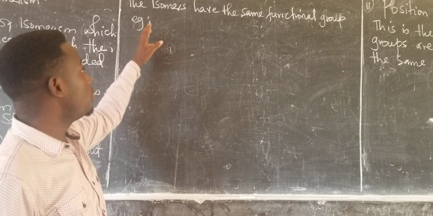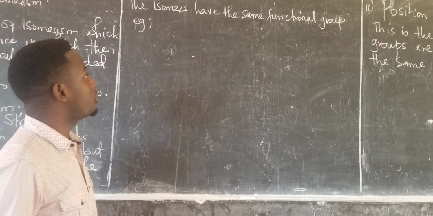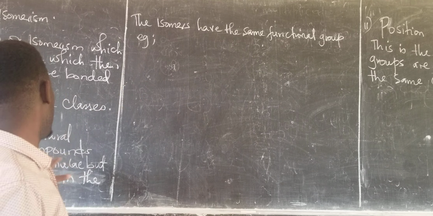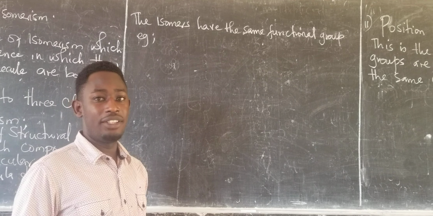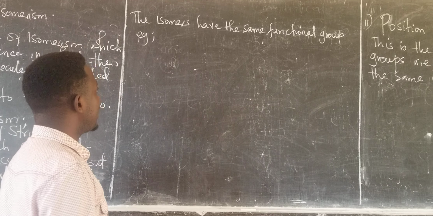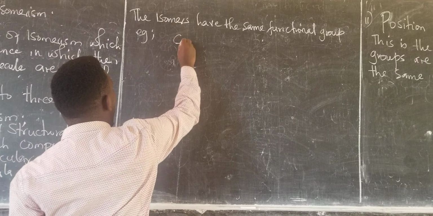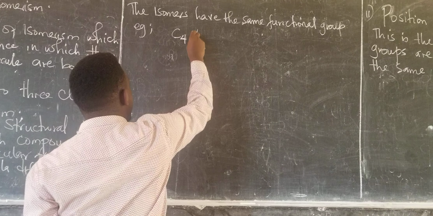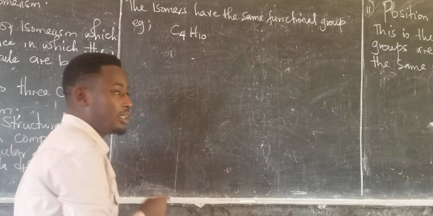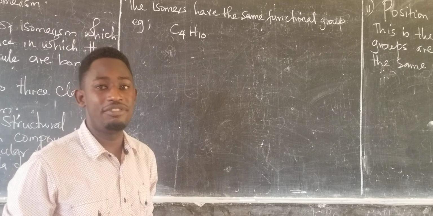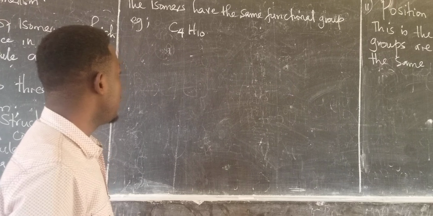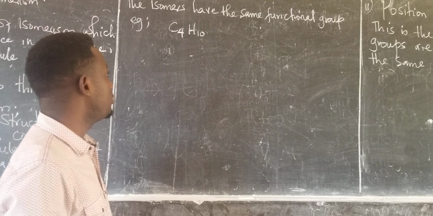Okay, now we're going to look at different functional groups, different compounds which exhibit chain isomerism. An example I can bring is C4H10. This is a molecular formula of alkanes, where in this case the number of carbon atoms is 4.